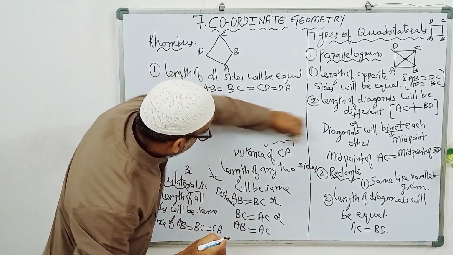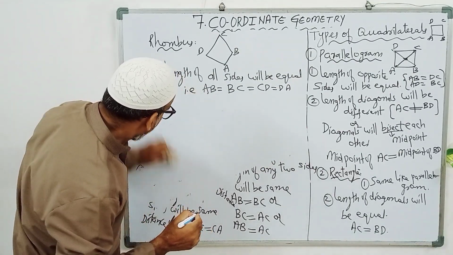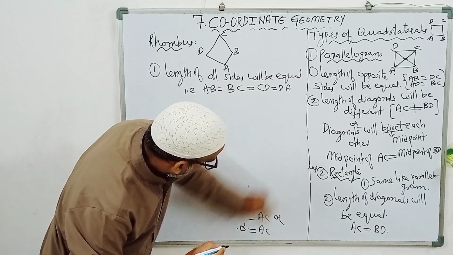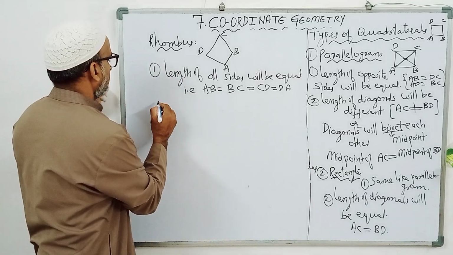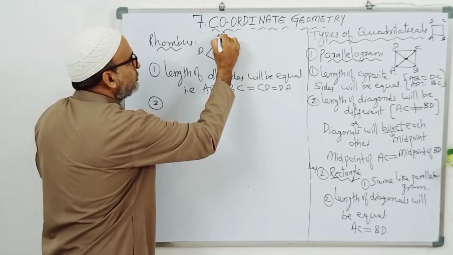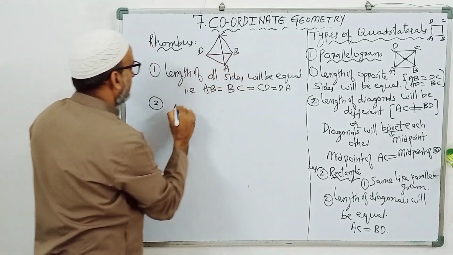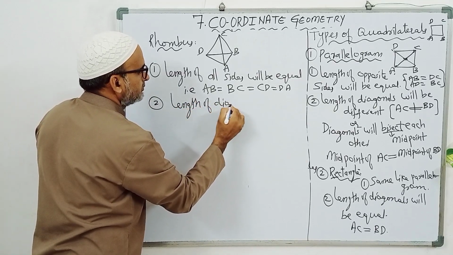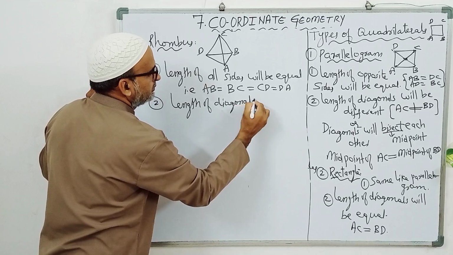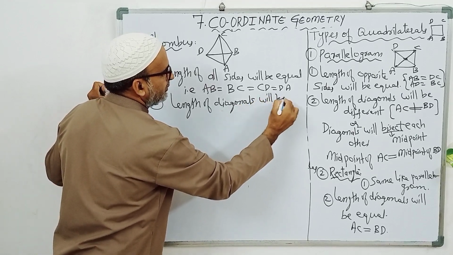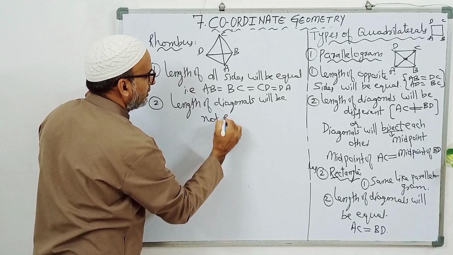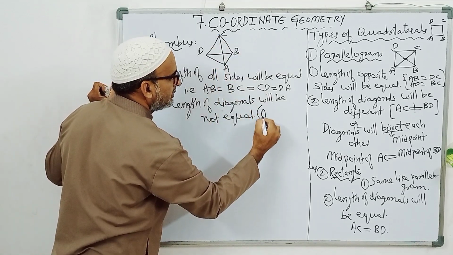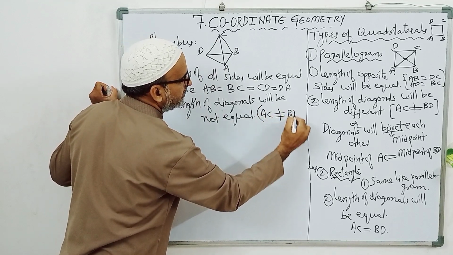Next is the second point: the length of diagonals will be not equal, means AC is not equal to BD.